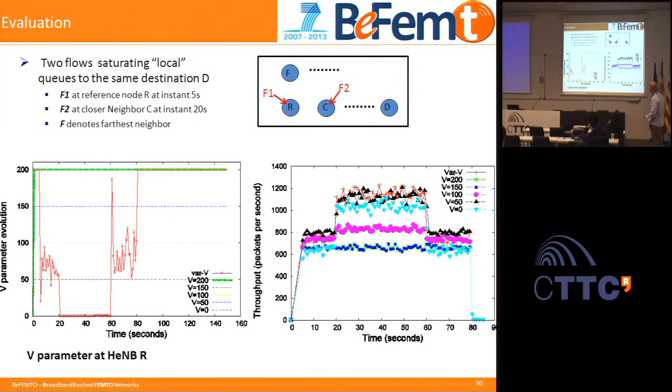Then it goes into a variable state, which depends on the distribution of traffic that is coming around this region, until we get to instant 20, in which another flow is injected into the network. What happens here is that the reference node says, okay, I cannot handle this offered load anymore, and I'm going to configure myself in maximum load balancing. So V equals 0.